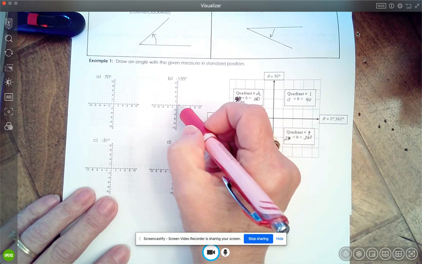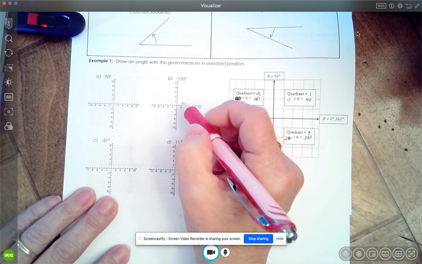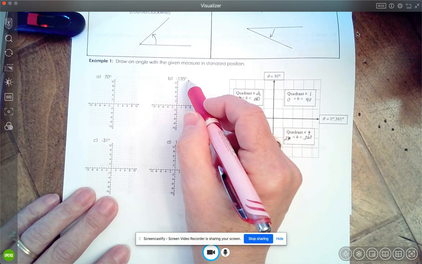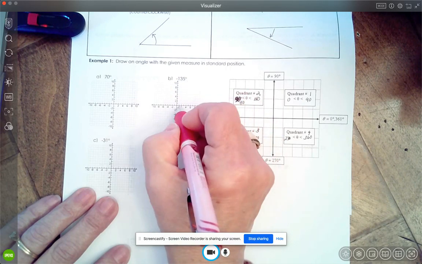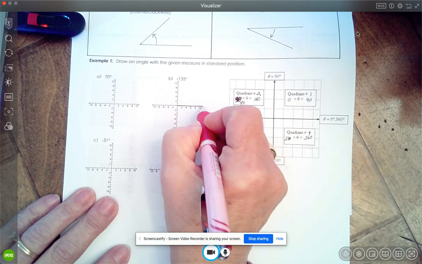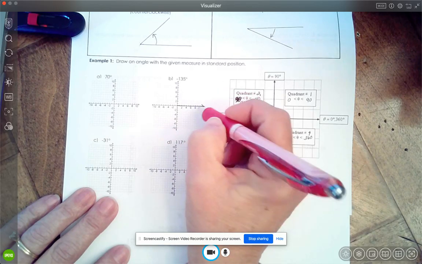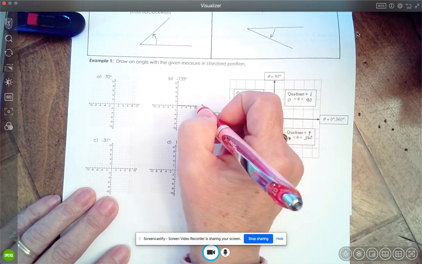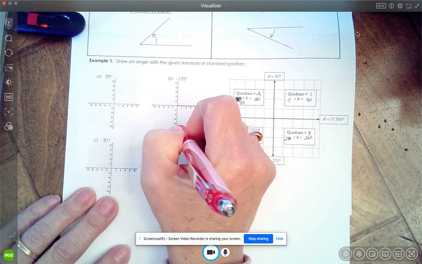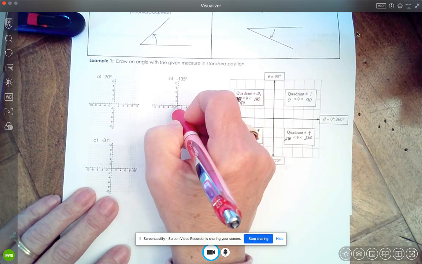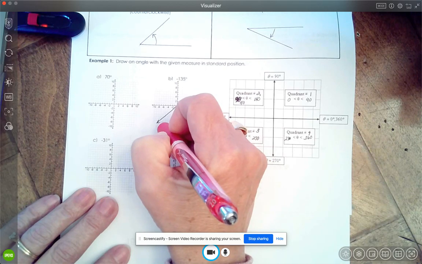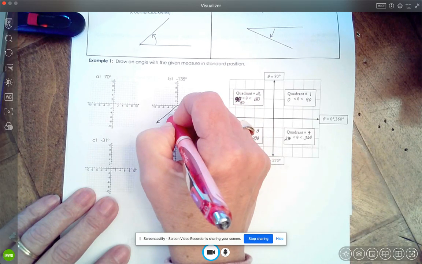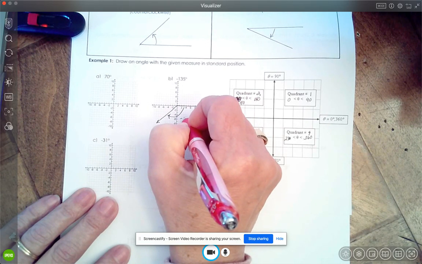So let's look at this one. If I'm going negative 135 degrees, here is my starting point. I know that each one of these is 90 degrees, so I'm going down negative 90 degrees and then another negative 45 degrees. It's going to be somewhere about in here, negative 135 degrees.